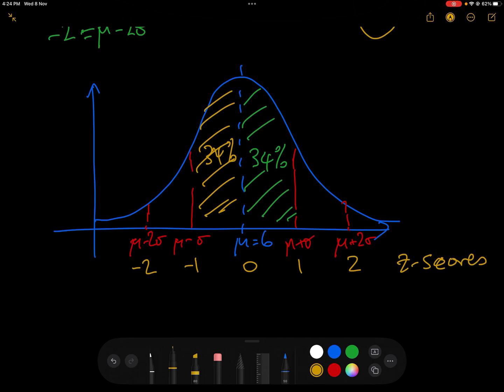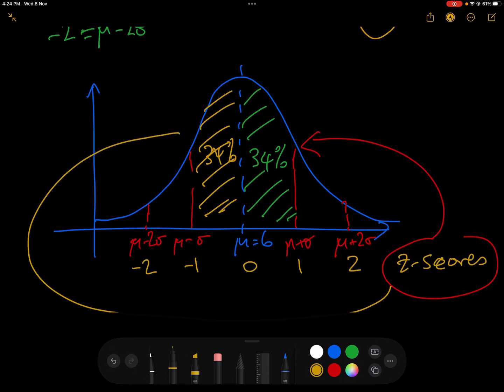So 34% of participants we can predict will have moved the dial between 6 and 6 minus 1 standard deviation. Or, using z-scores, we could also say that 34% of our participants will have a z-score between 0 and 1, and 34% will have a z-score between 0 and minus 1.